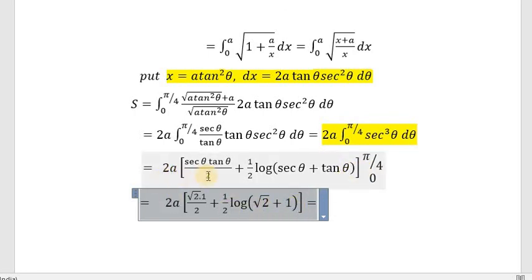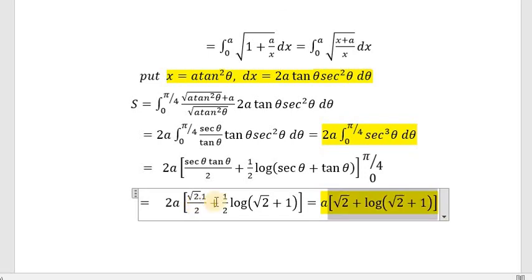So the above equation reduces to 2a root 2 into 1 by 2 plus half log root 2 plus 1. You can cancel these two because there is a common factor for both the terms. So that 2 can be removed outside and cancelled. So we get it as a into root 2 numerator of this one plus log root 2 plus 1.